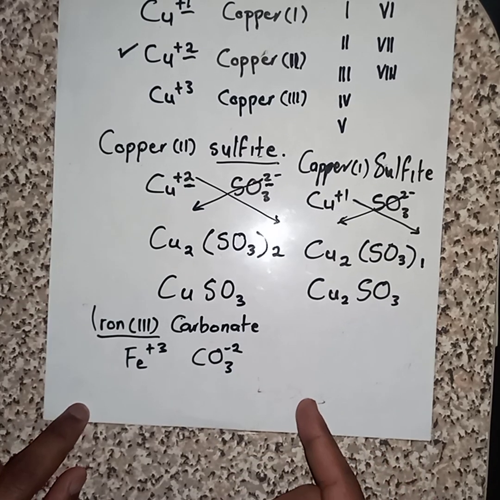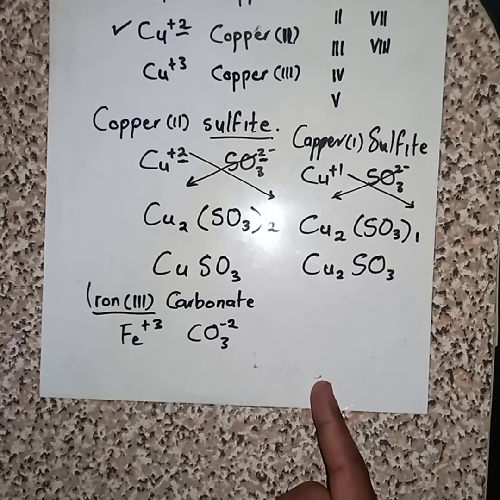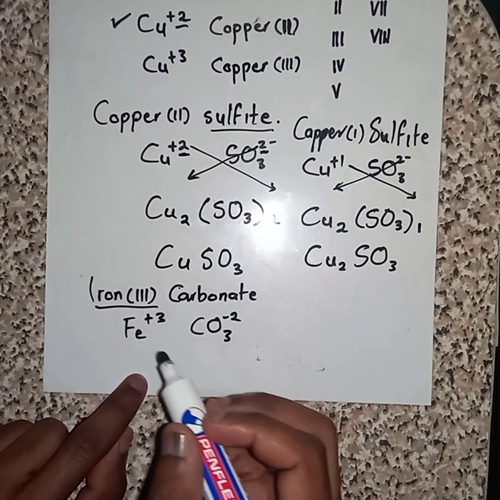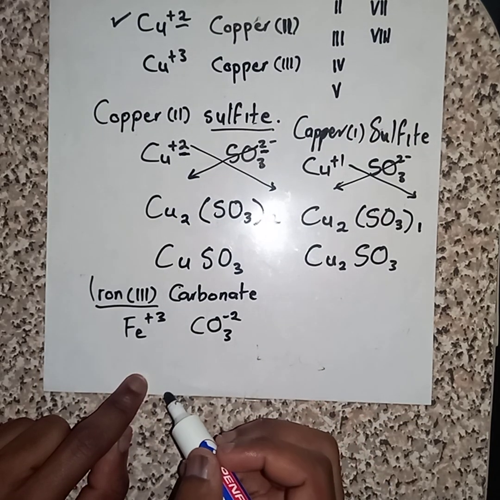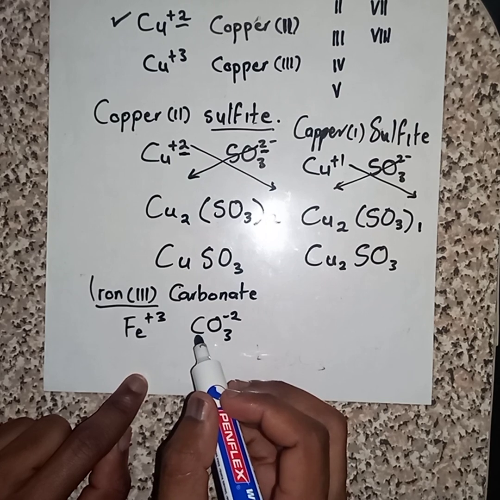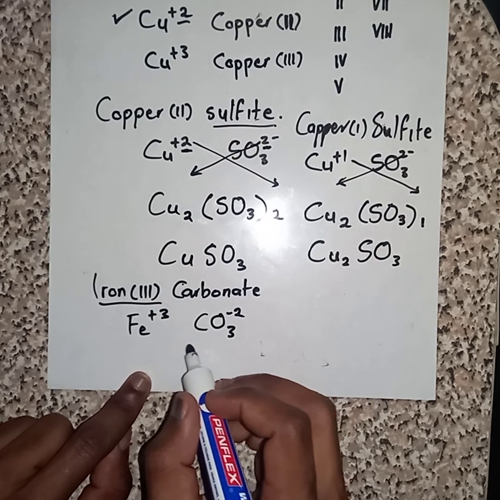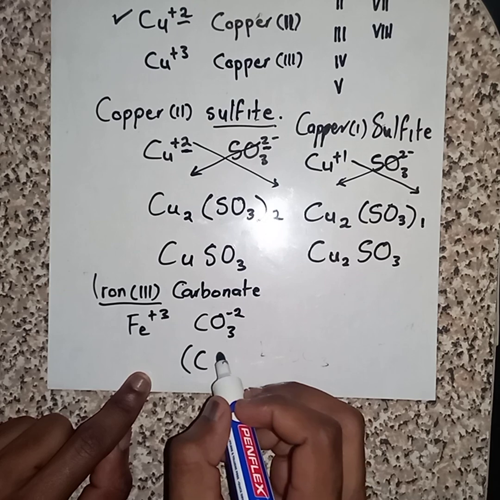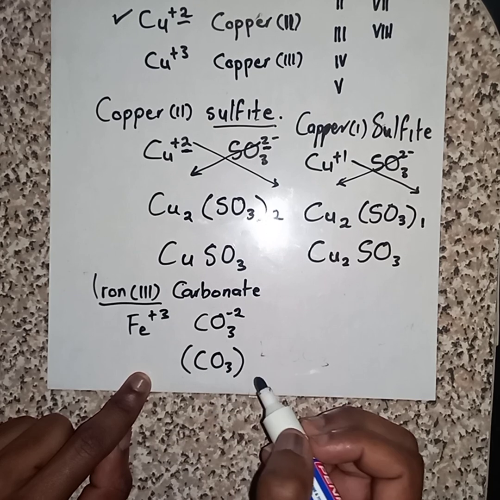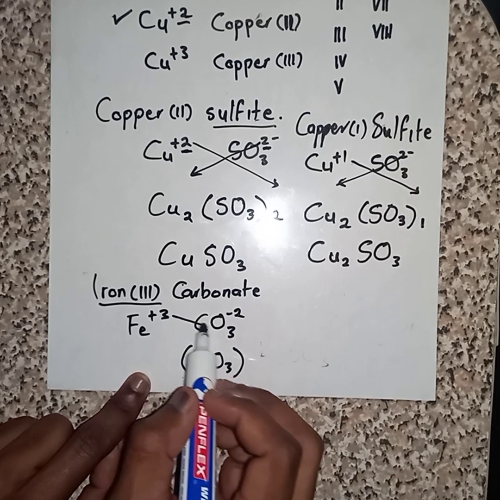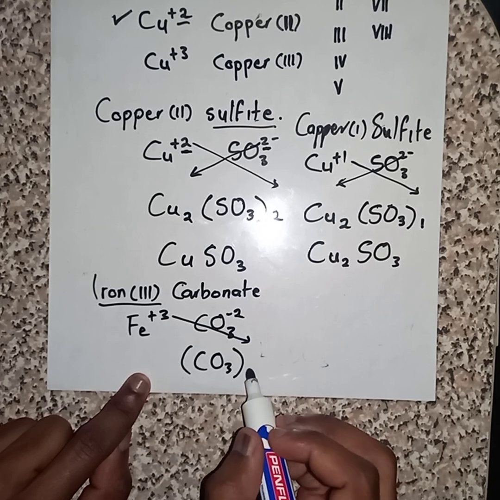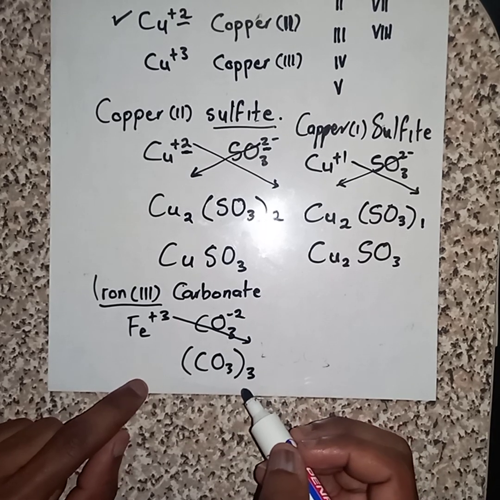Then how are you going to write your chemical formula at this point? You do the same method, but don't forget to open brackets for your polyatomic ion. Then it's going to be CO3, then you close. Then it's going to receive 3. You write 3 over there.